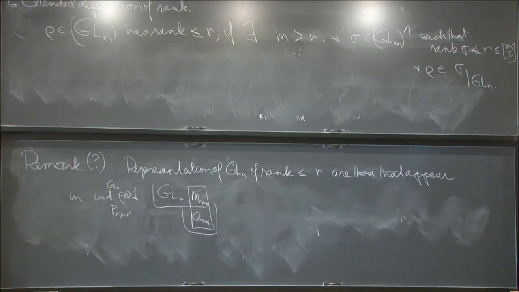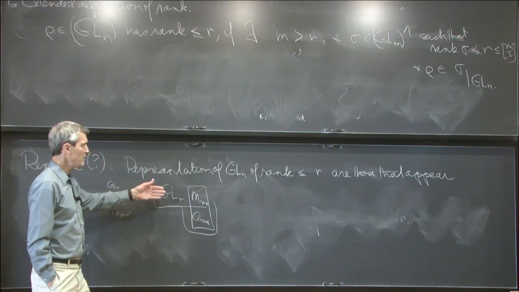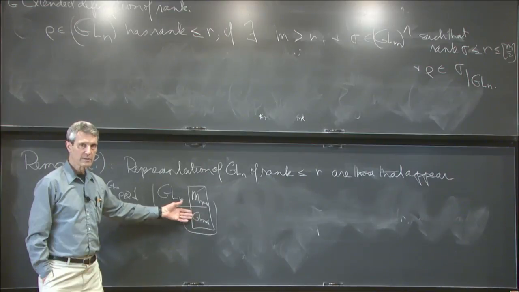So there's a similar theory for all the classical groups, and the rank that Shamgar defined for the symplectic group can be extended up beyond n. Generally speaking, the generic representations will all be of the largest possible rank, which in this case is n.